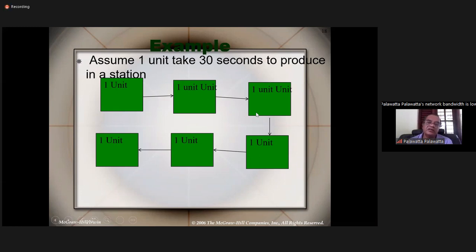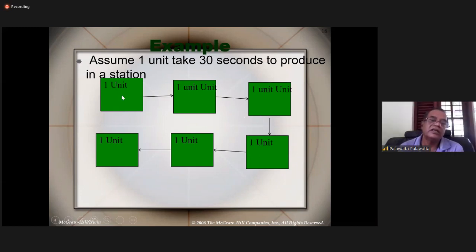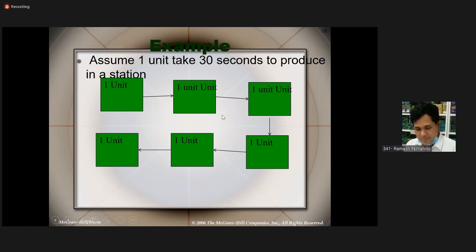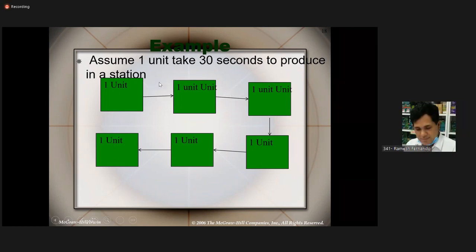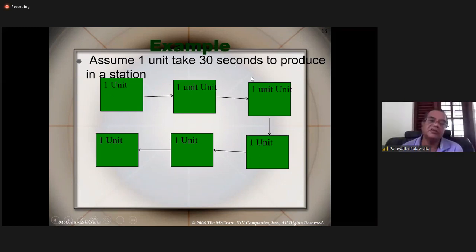For the completion of that order, it should pass through stages 1, 2, 3, 4, 5, 6, and each stage takes 30 seconds. 30 seconds 6 times is 180 seconds, and 180 divided by 60 gives you 3 minutes. In this diagram you don't see any delays or buffers. Therefore, the value-added time is 3 minutes.